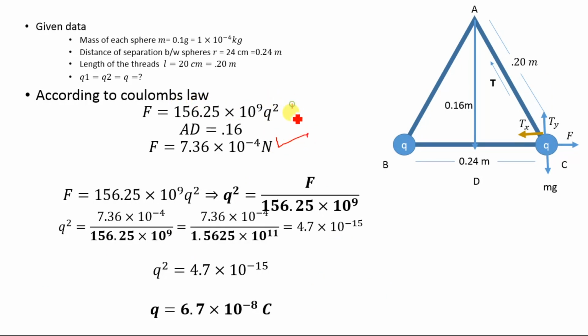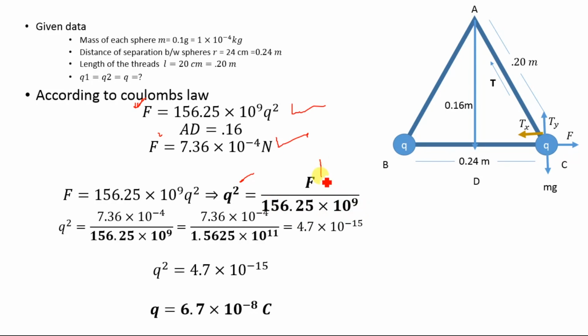And this was the first equation which we have derived, which was F is equal to 156.25 multiplied by 10 power 9 Q square. Substituting the value of this force F in this equation and further simplifying, we will get Q square is equal to F divided by 156.25 multiplied by 10 power 9.